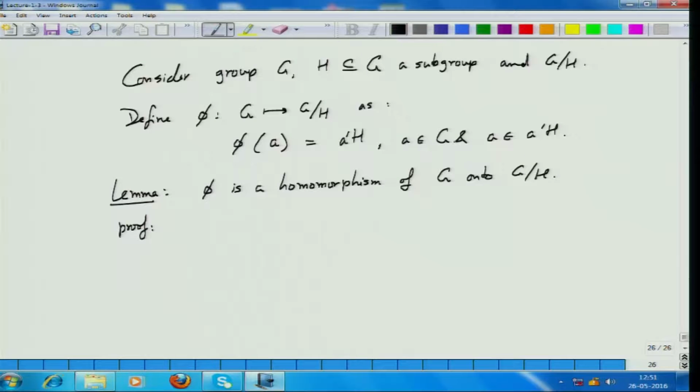Well, let us verify this. What is phi of A1 times A2? That is some A prime H such that A1 A2 is contained in A prime H, right.